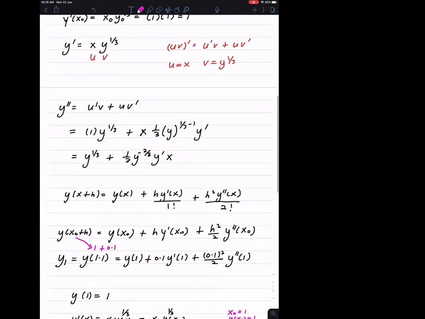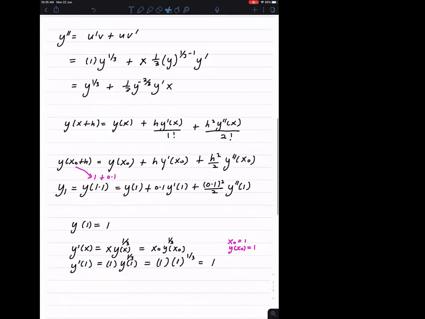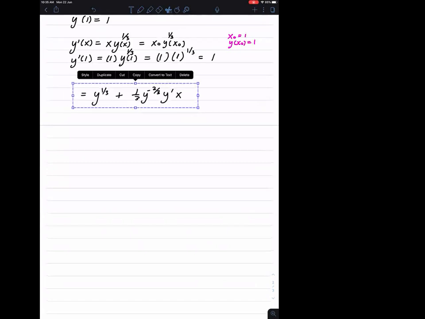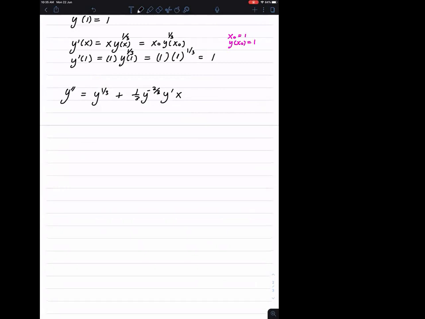So next, you try to evaluate y double prime. So this is y double prime. Y double prime is actually a function of x. So I'm just putting this x here to ensure that you know it's a function of x.